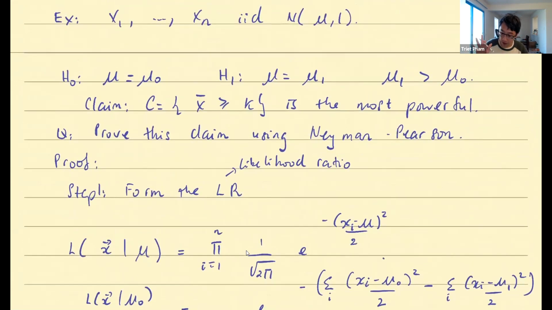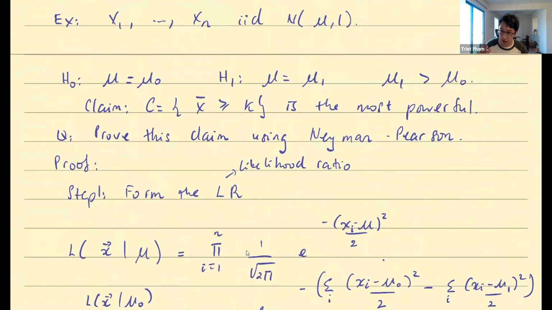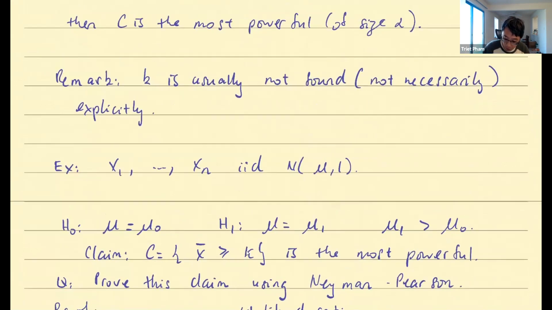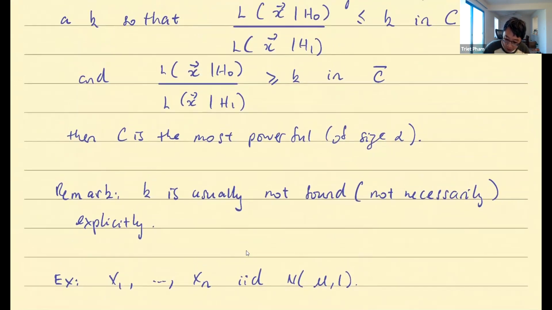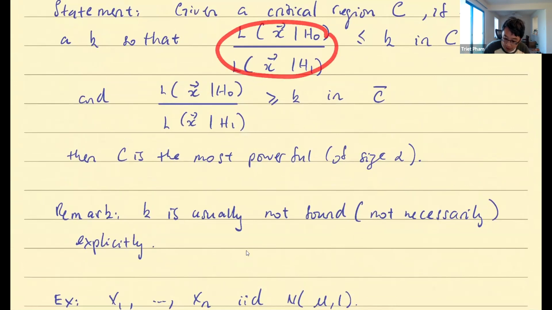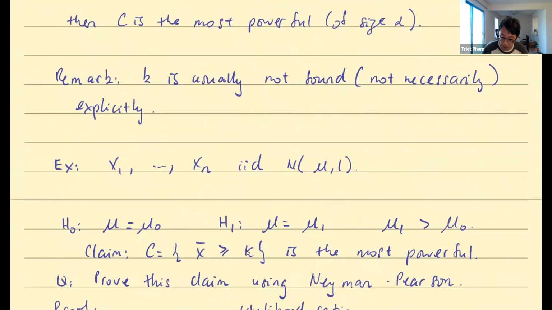So it's hard. This is where we need to keep Neyman Pearson in mind. Neyman Pearson wants you to show that the likelihood ratio, this guy, is less than k in C and bigger than k in C bar. What's our C?